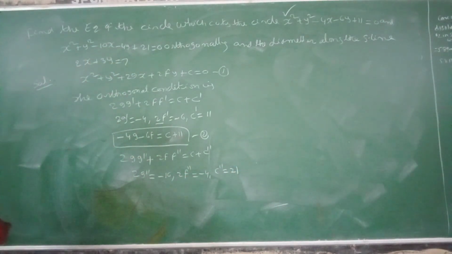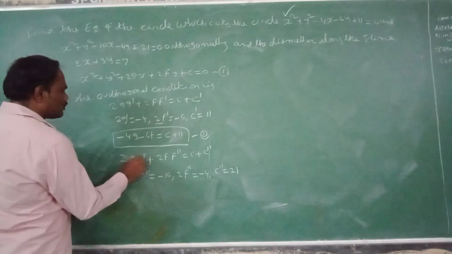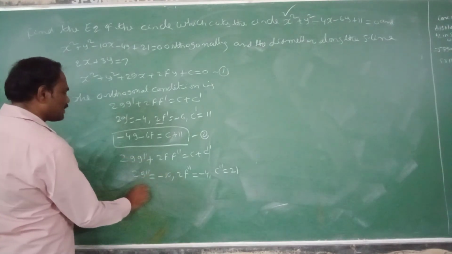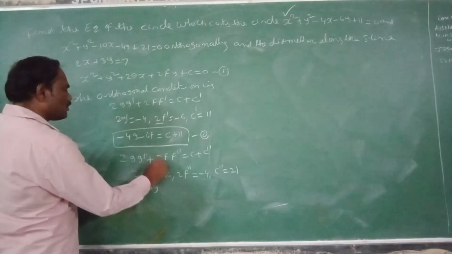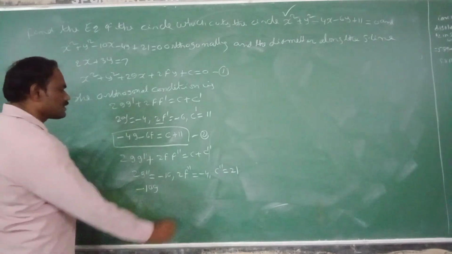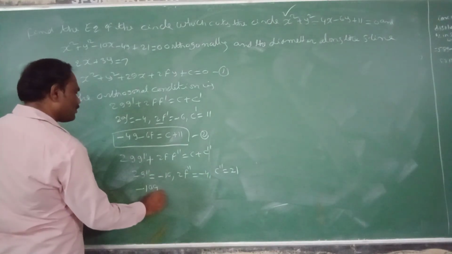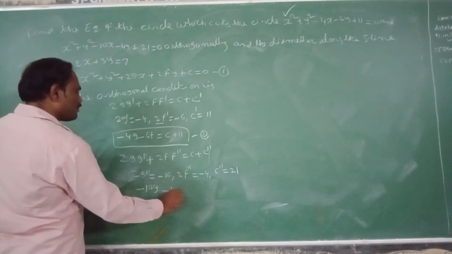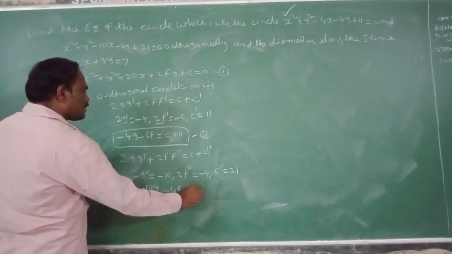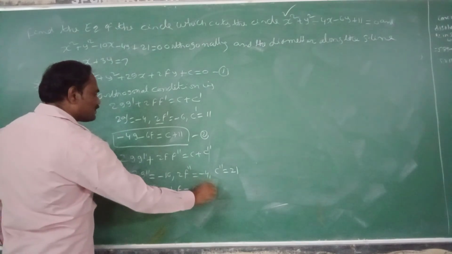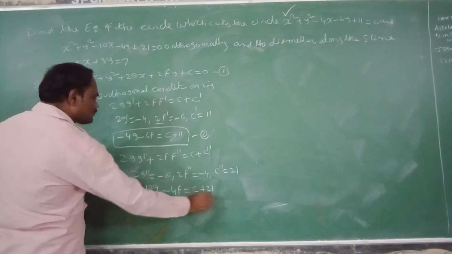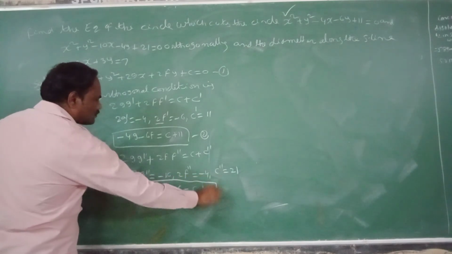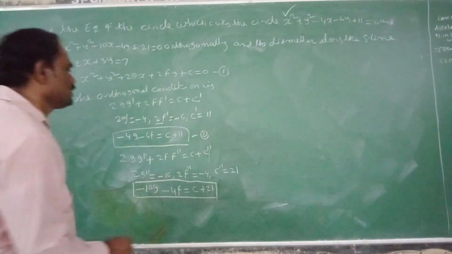Substituting these values, minus 10g minus 4f is equal to c plus 21. This is the second equation.